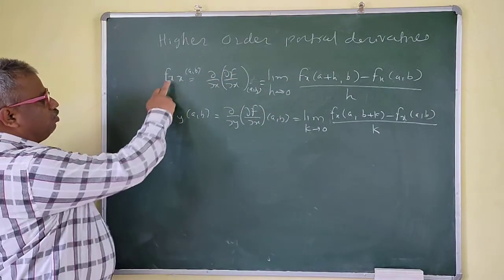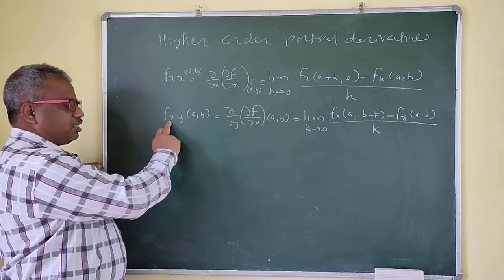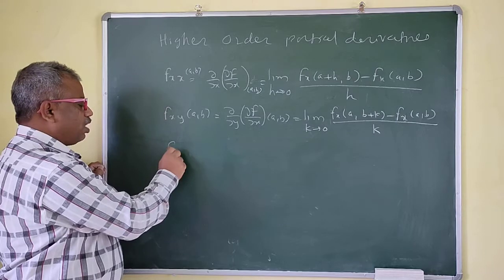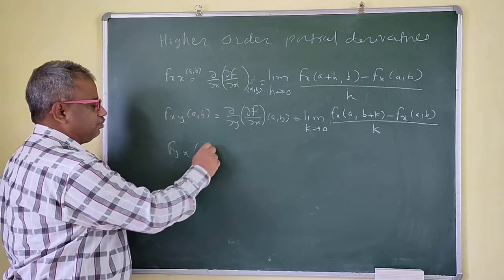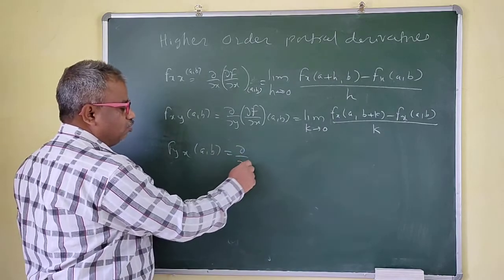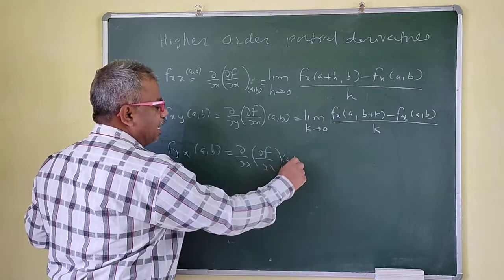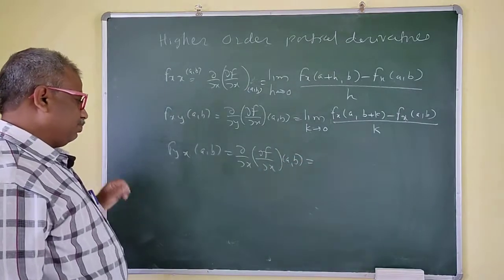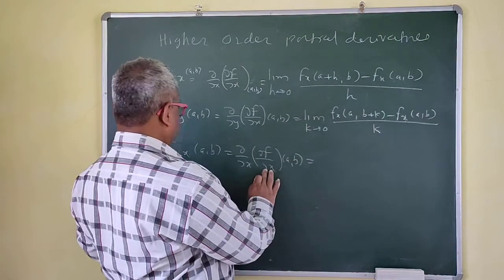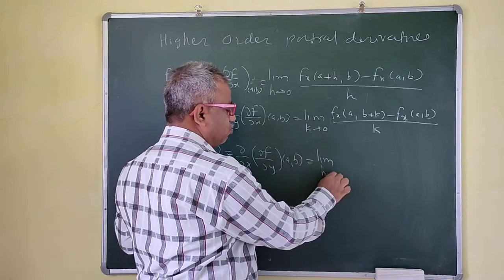Now, what we have to do here: we differentiated fx with respect to x, fx with respect to y. Now fy with respect to x. So we are differentiating with respect to x. So this is dou by dou x of dou f by dou y at (a, b), which is the limit as h tends to 0.